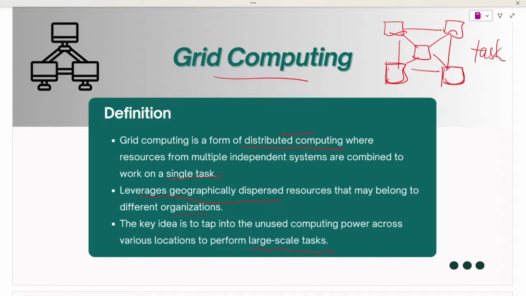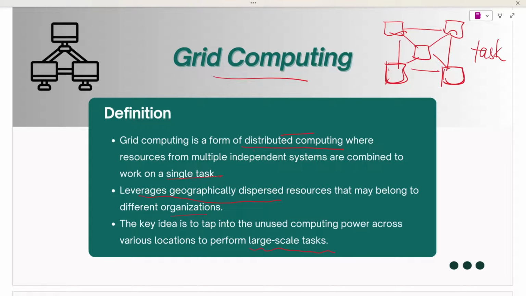And a real-world example for grid computing. A well-known example of grid computing is large-scale scientific research projects, where grid computing is used to process vast amounts of data generated by the experiments.